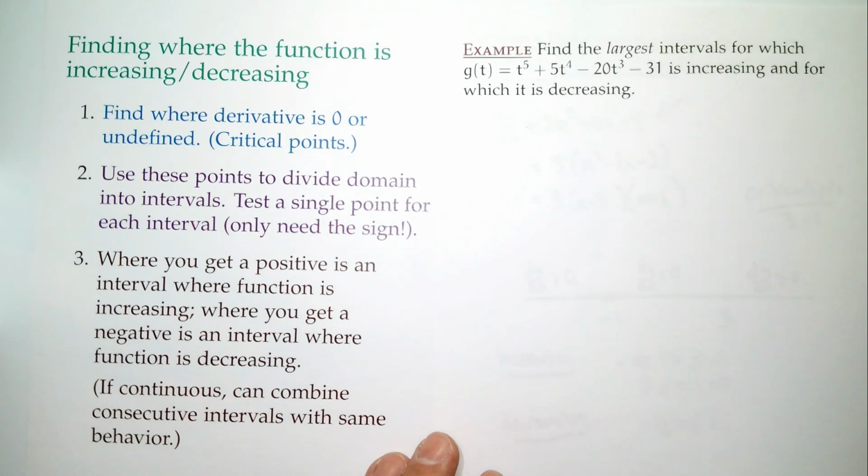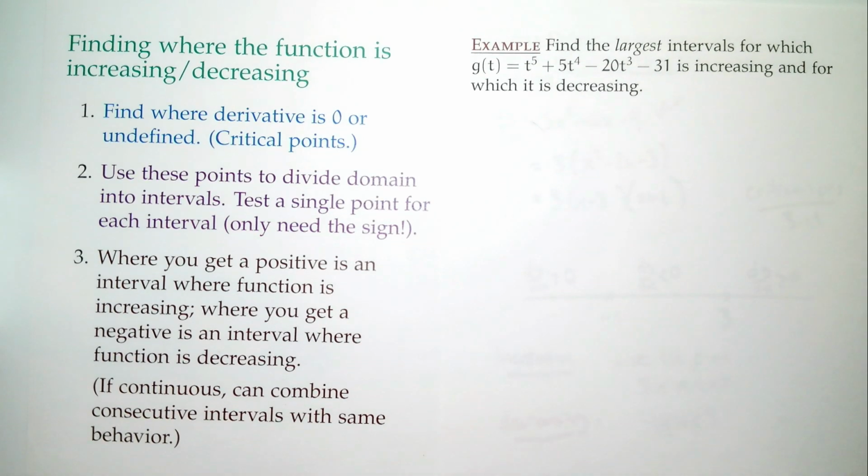Another example. Find the largest intervals for which this function is increasing and for which it is decreasing. Now, it's kind of interesting that it chose the word largest, as if to imply something was going to happen. Well, what's our procedure? Yeah, we start by taking derivatives. That doesn't change.